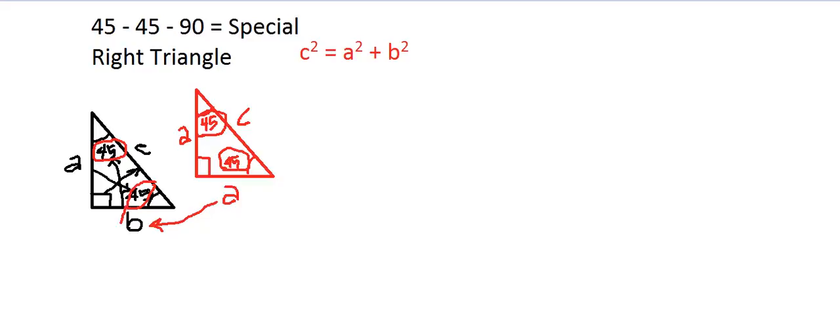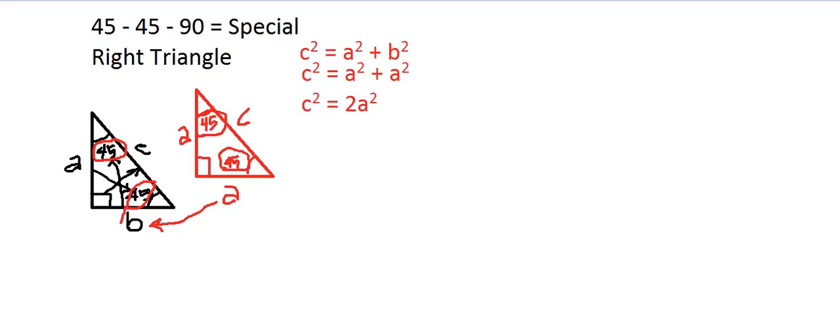Therefore, originally c squared is equal to a squared plus b squared, this becomes c squared is equal to a squared plus a squared instead of b squared. So we will simplify this equation. c squared is equal to 2a squared, because we can combine these since they have the same literal coefficient.